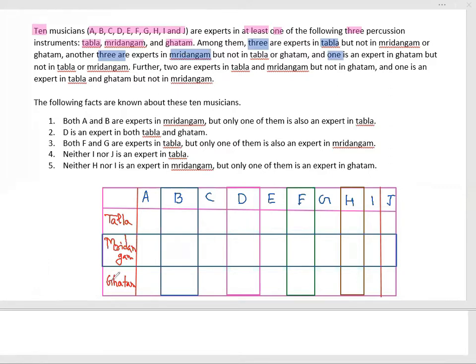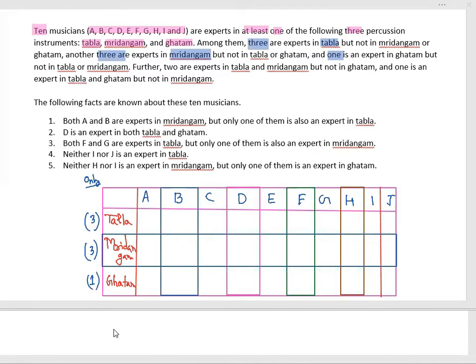In tabla only, there are three. In mridangam only, this is again 3. In ghatam only, this is 1. So 7 of them are considered like that.